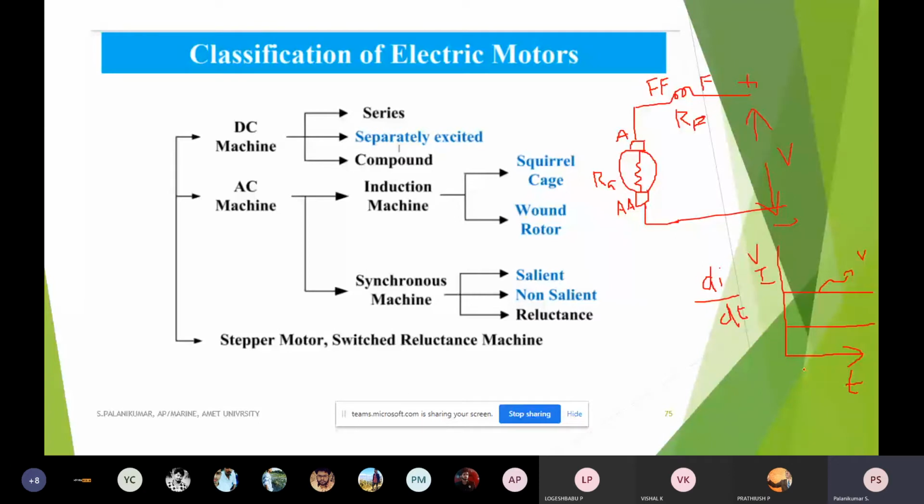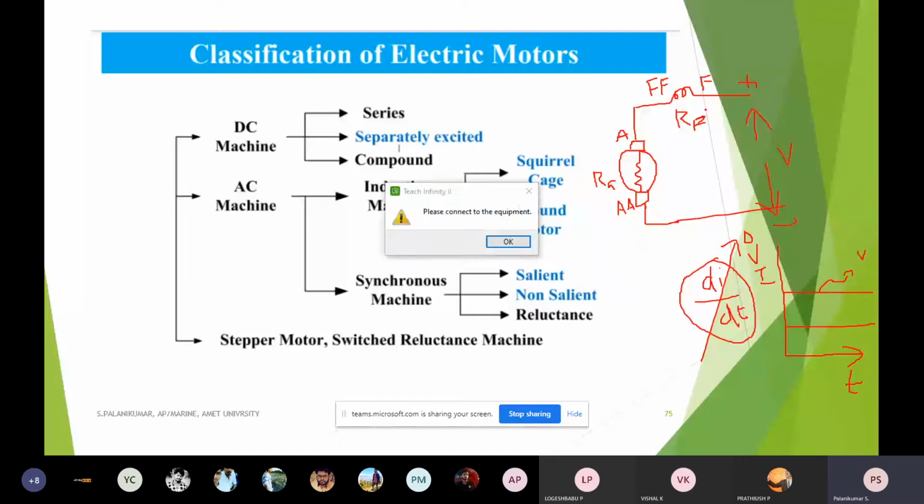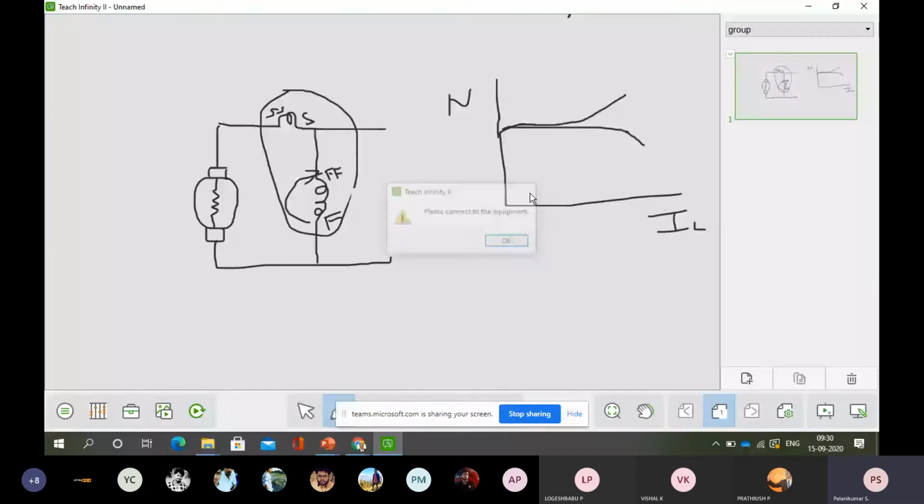With respect to time it does not change, so di by dt will be zero. In the case of DC supply there won't be any inductance, so it purely takes its own resistance only. Only the field coil resistance will be taken by the supply.